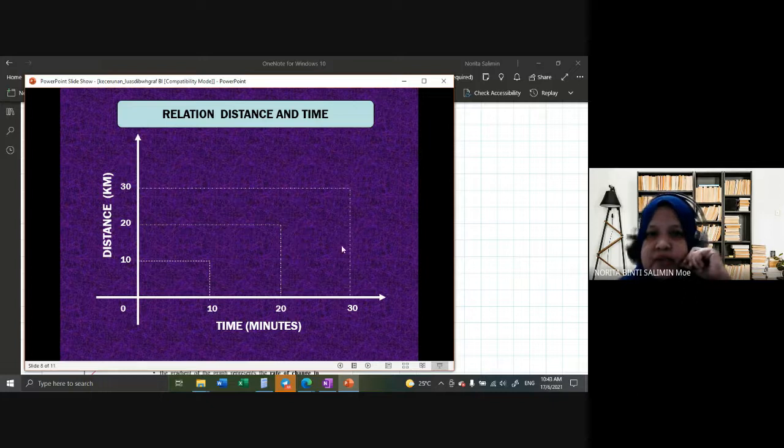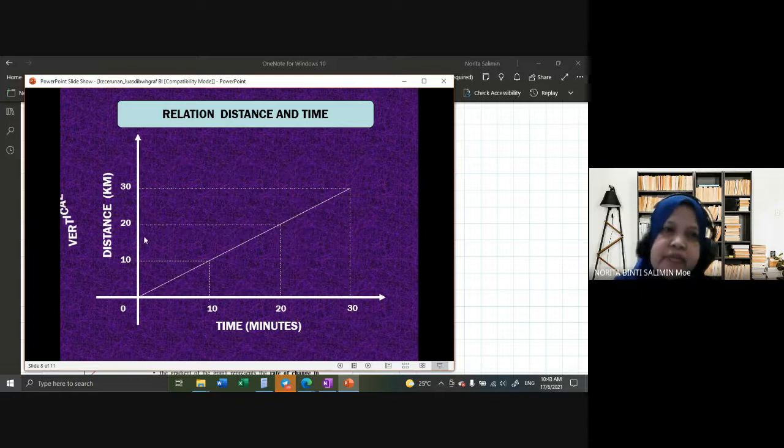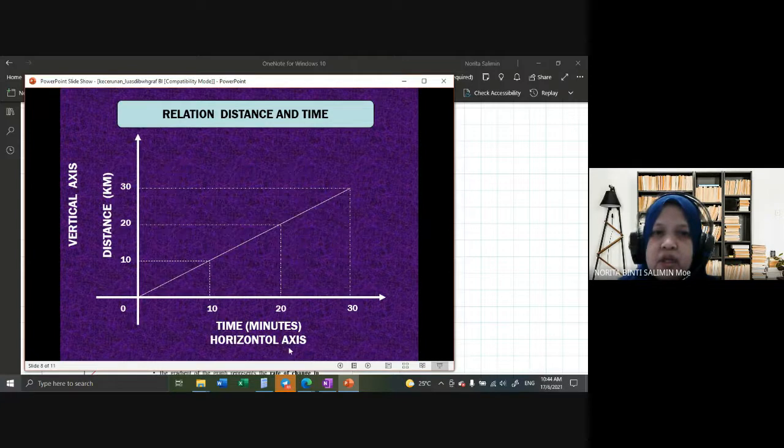And 30 kilometer, you can arrive in 30 minutes. And then we draw a straight line. The straight line is for distance and time. Okay, then using the graph, we also can find the gradient. The gradient is the value for vertical axis, y-axis, divided by the value for x-axis. Okay, after this, we look at the gradient, okay?